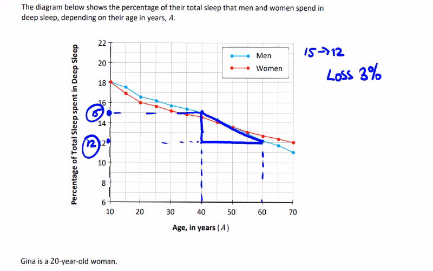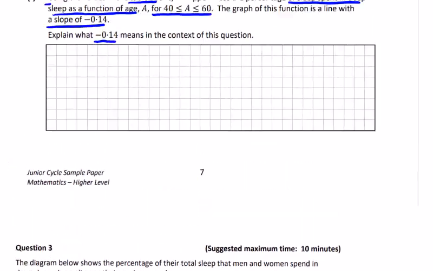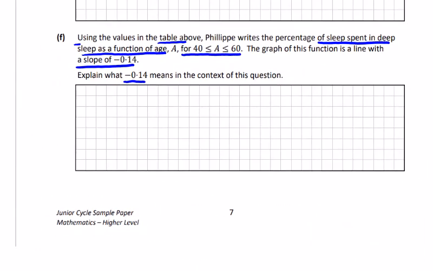Now what is a loss? 3% of what? Total sleep spent in deep sleep over how many years? Between 40 and 60. So if we divide 3 by 20, we get 0.15, which is approximately the minus 0.14.